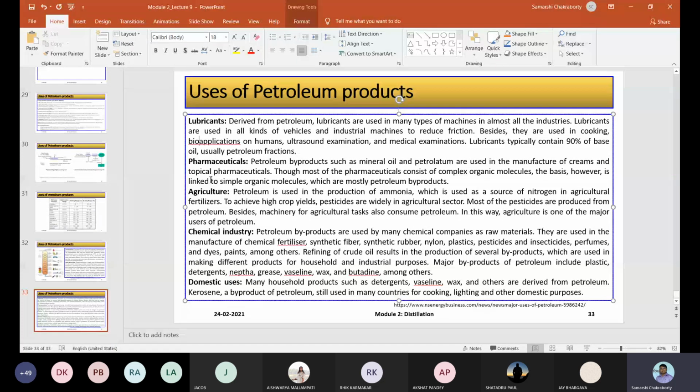Then the pharmaceutical and agriculture industries: you have to further process it in petrochemical plants, and then you will come up with chemicals which can be utilized in those industries. Other than that, rubber, synthetic polymer, polyethylene, polypropylene. These things you have to further process in petrochemical plants, and then only you will be able to get them.